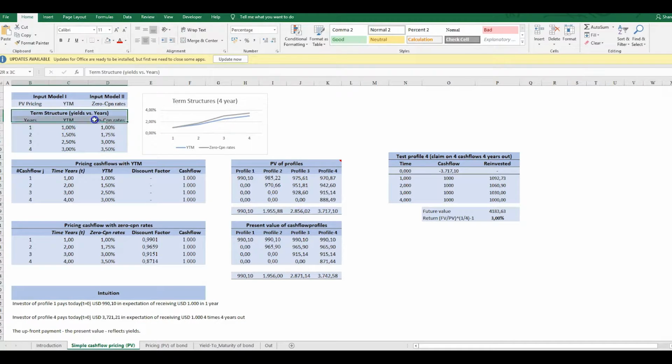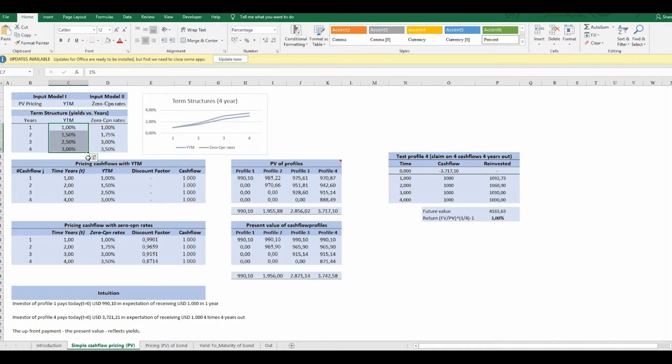We see here in the table the figures. Underlying the term structure of the yield to maturity curve is this range, 1 to 3%, a little bit higher rates than you will find in today's markets, and here we have the zero coupon rates, slightly higher.